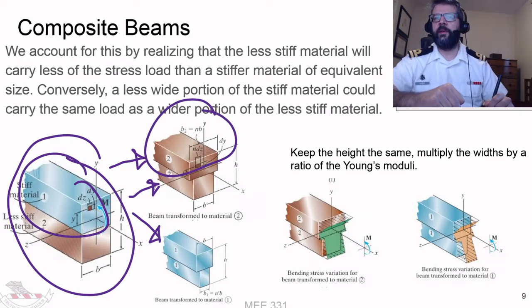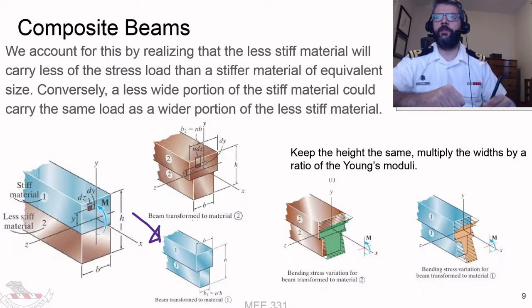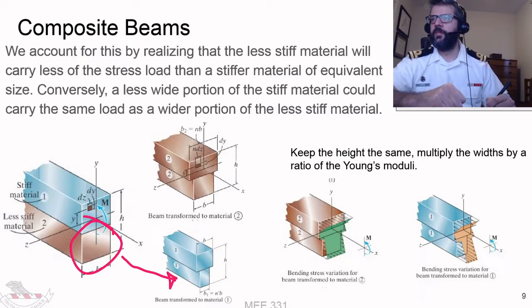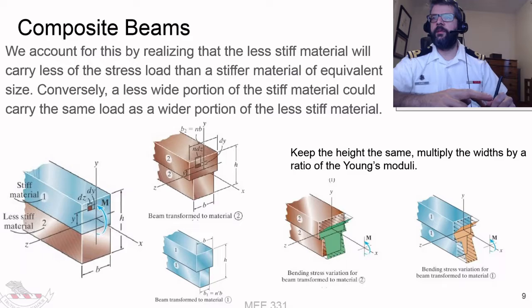Or if we're transforming everything into the stiffer material, then we need to take the less stiff material and decrease its apparent width. So we use these stiffness ratios to do that.